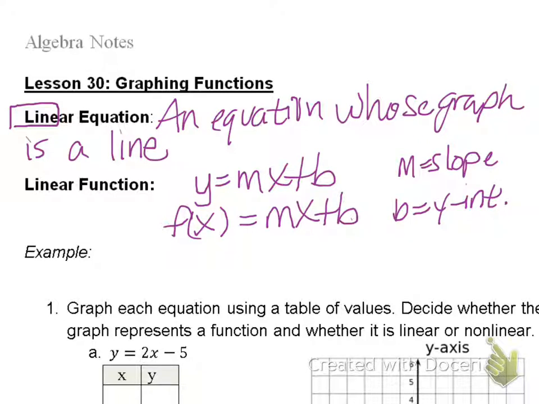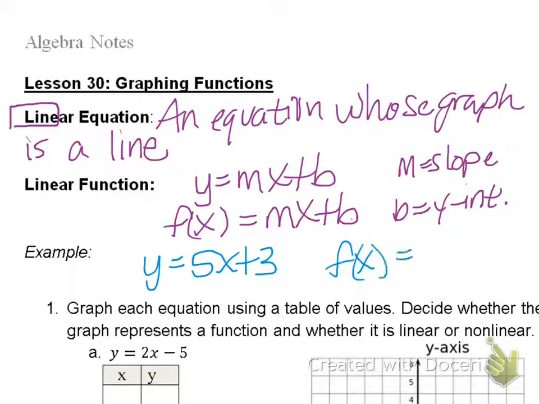So an example of that in actual numbers would be y equals 5x plus 3, or f of x equals 5x plus 3 if we were to put it in function form.